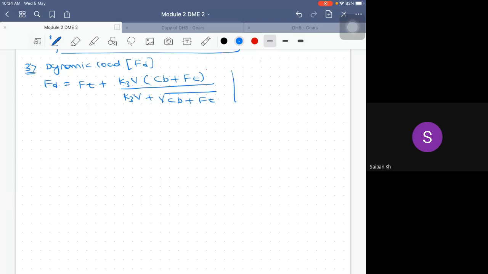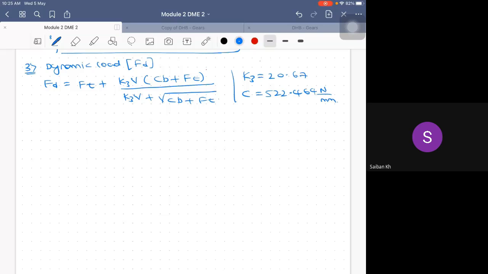From this, the value of K3 is taken from the data handbook. It is 20.67. The C value he has given directly, I guess. What is the value? It is 522.464 Newton per mm. Okay, just substitute.